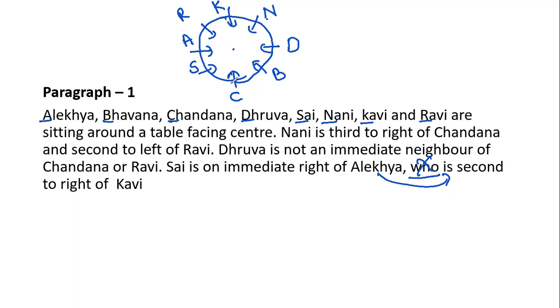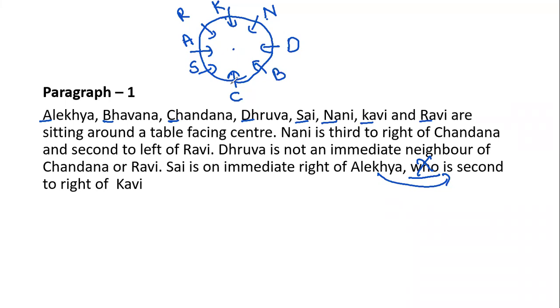Let me revise all the conditions once again, how we have placed all of them. I'll give a quick explanation. Nani is third to the right of Chandana and second to the left of Ravi. To start the seating arrangement, first you need to understand where Chandana is. You can place Chandana anywhere, but you need to ensure the clockwise and anti-clockwise arrangement of seating positions.